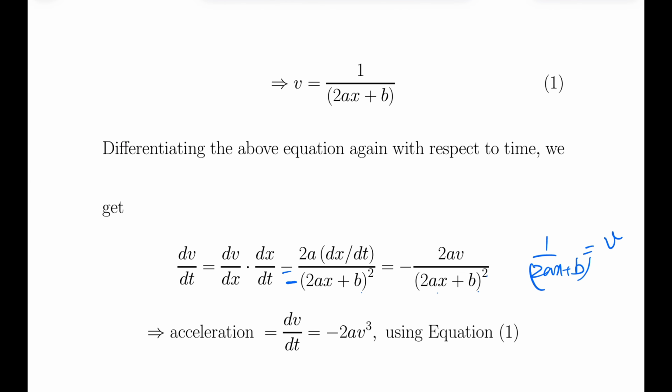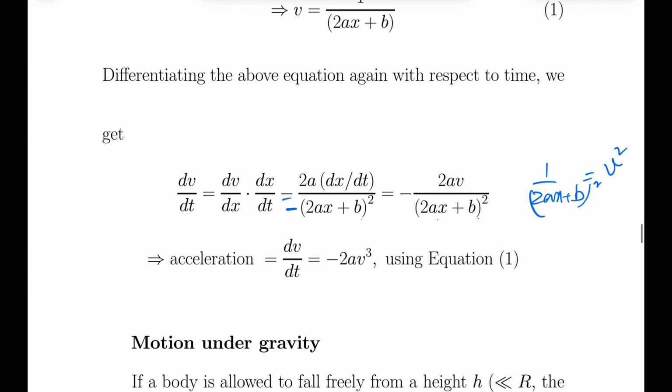So this is minus 2a into v cube by using equation 1. So we found the acceleration of the particle.